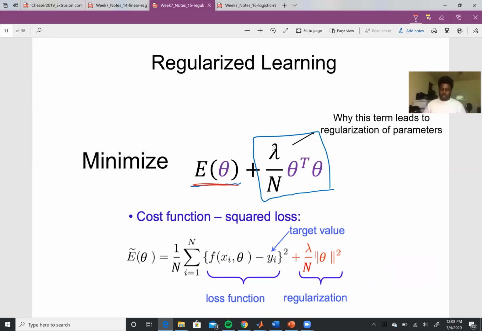Sorry, the sound went bad again. You stopped at, this is the regular loss function. Can you hear me now? Okay. Yeah, so this is the regular loss function, E theta.